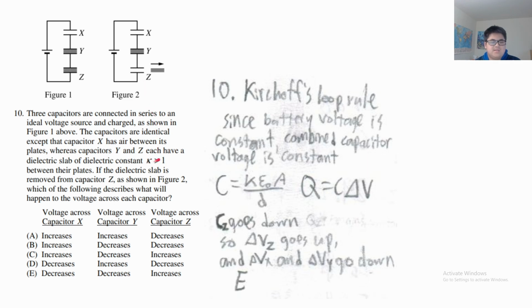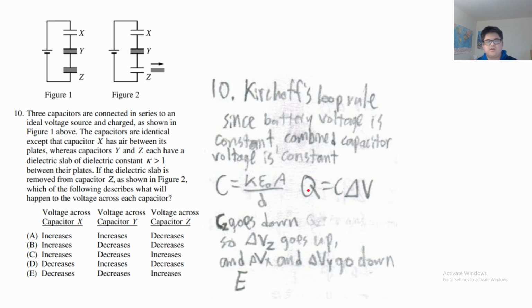Since K is greater than 1 before, and afterward, after the dielectric is removed, K becomes 1. So K goes from greater than 1 down to 1. So the capacitance decreases after removing the dielectric.